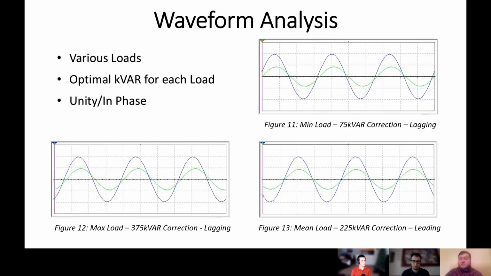And then figure 13, mean load, 225 kVAR correction was the best there as well. As you can tell, all these look very similar, and that's what we're shooting for. The better the power factor is, the better everything's in unity, everything's in phase. The closer they are to not leading or lagging, the closer power factor is to 1, the better.